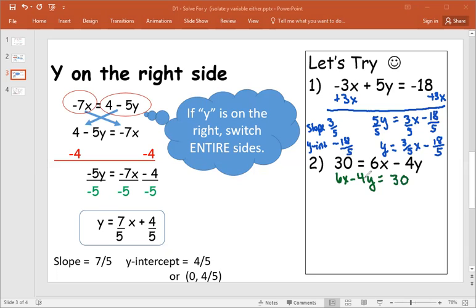So the entire side switches. Okay, we're going to subtract the 6x from both sides. Negative 4y is equal to negative 6x plus 30.